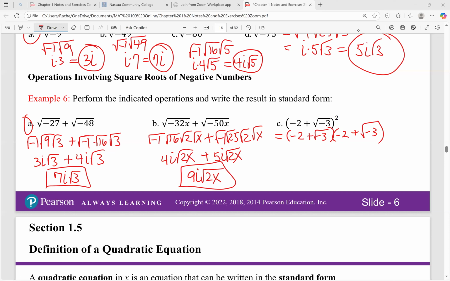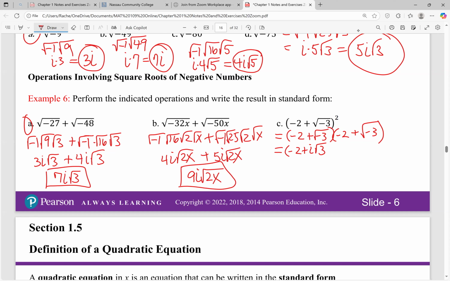So before I distribute, I just want to rewrite that square root of a negative number, the square root of -3. Let's write it in terms of i. So this is equivalent to -2 plus i times radical 3, right? So we did a bunch of them above.